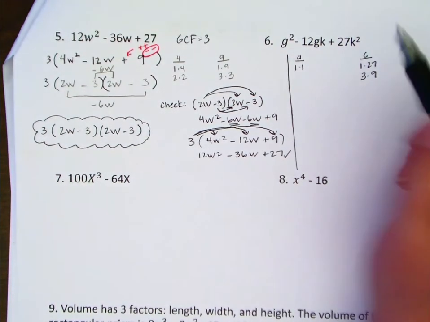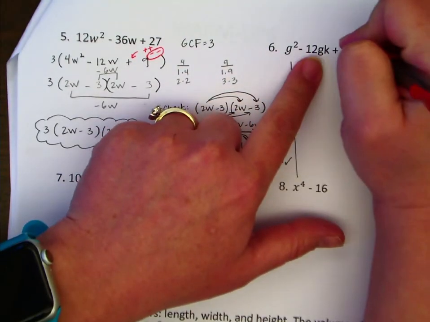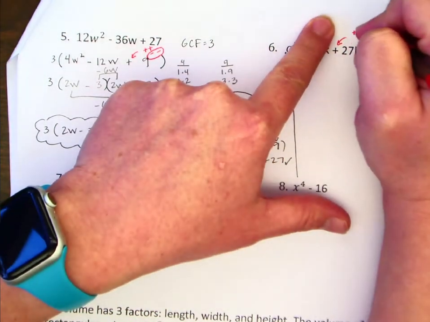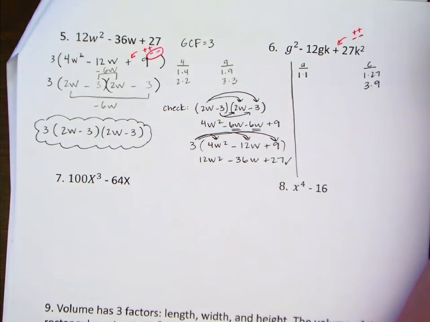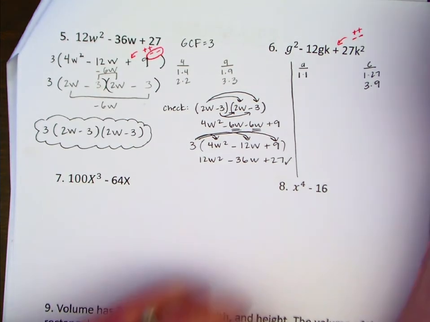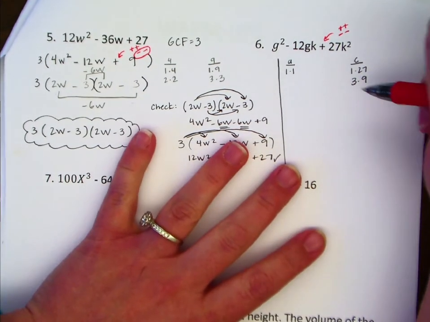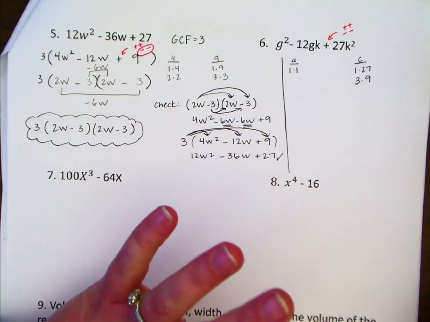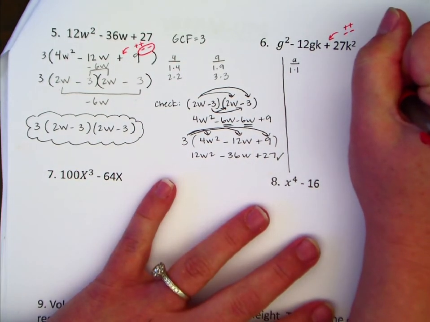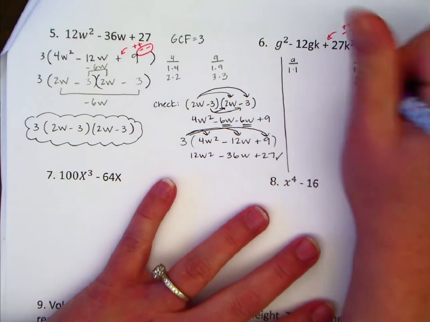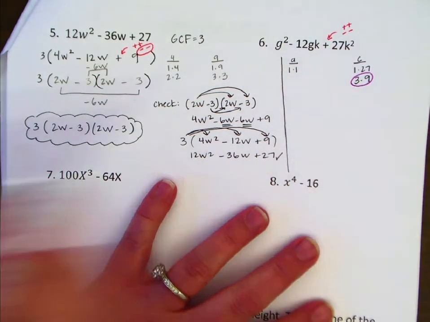And then since this one's positive, they're both positive or they're both negative. And we're going to look at it like add to 12. Okay, so which one of these will add to negative 12 if I make them both negative? The 3 and the 9, right? So we know that this is the pair we're going to use.